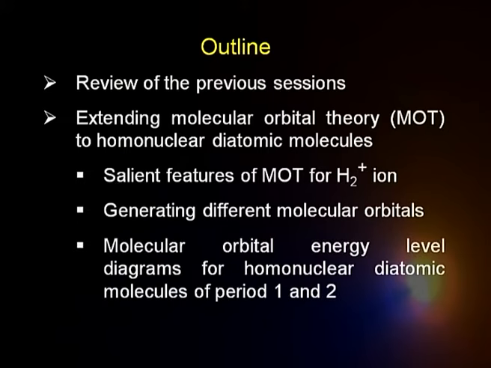Then we will see how we accommodate different electrons into these molecular orbitals to generate the molecular orbital energy level diagrams or molecular orbital configurations. And then towards the end we will sum up what we do today.